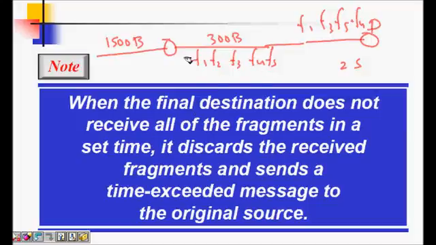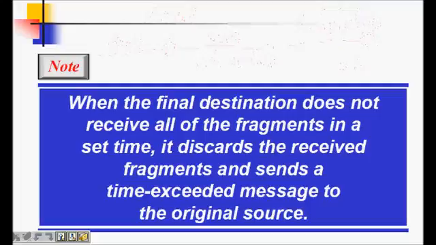So this is another problem. The time exceeded ICMP error message will be the same, but the subcategory will be different. The code will show that it is a time exceeded error, and from the code you can find whether it is due to fragmentation or due to the TTL value becoming 0.